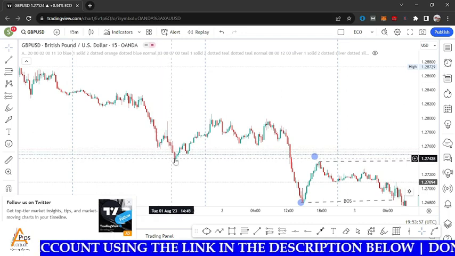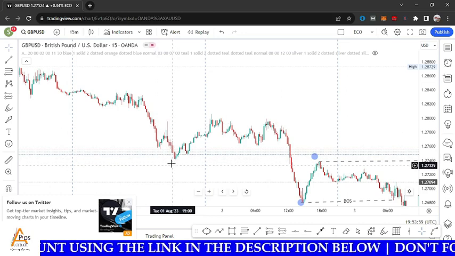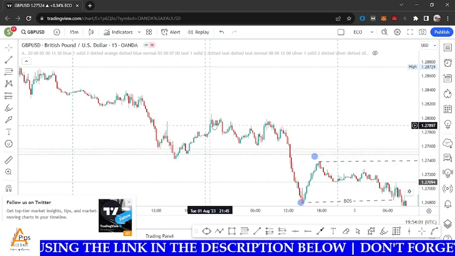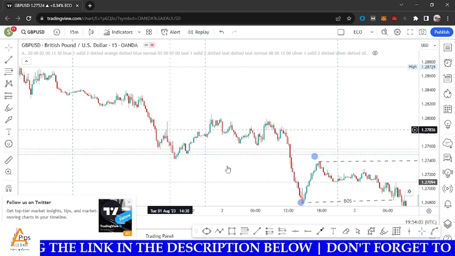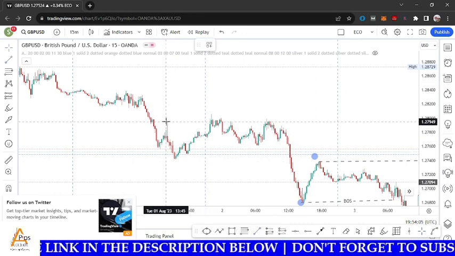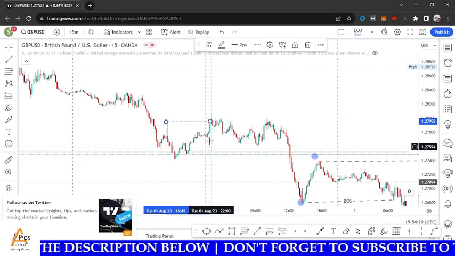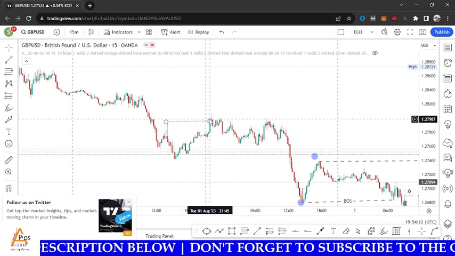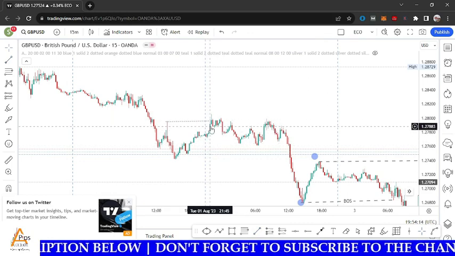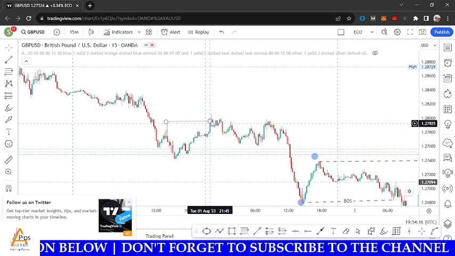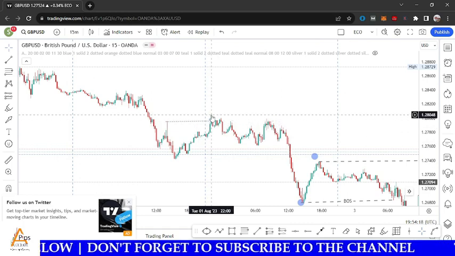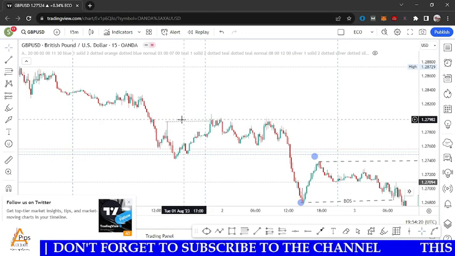Now the next thing we look at is that we realize the market came up. This is the high here. That high was swept and the candle closed below it. The next candle came, swept it again and closed below it.